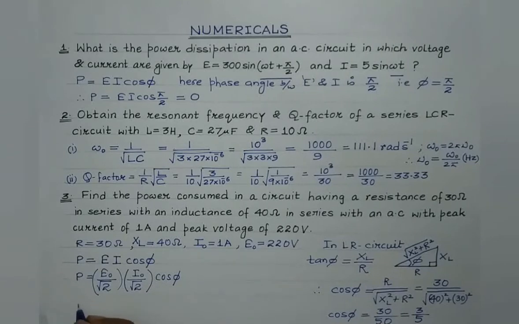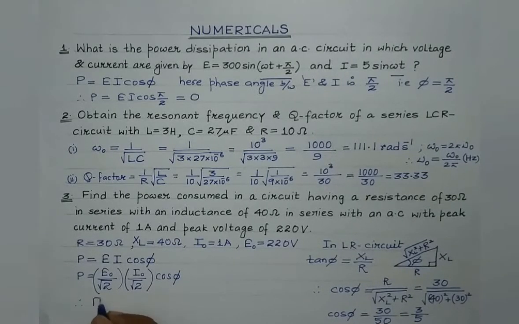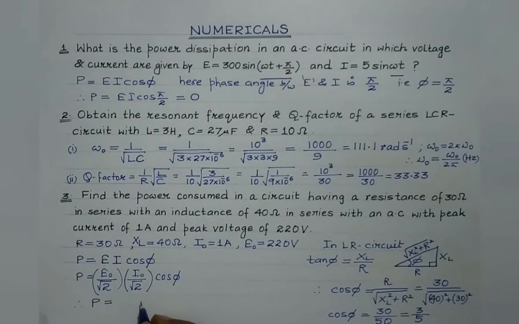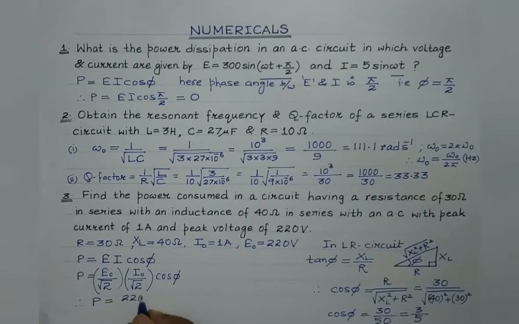Therefore, students, the power dissipated in the circuit is equal to, let's substitute the values over here. E naught is 220 multiplied by I naught is 1. Root 2 into root 2 will become 2, and cos phi, it is 3 by 5.